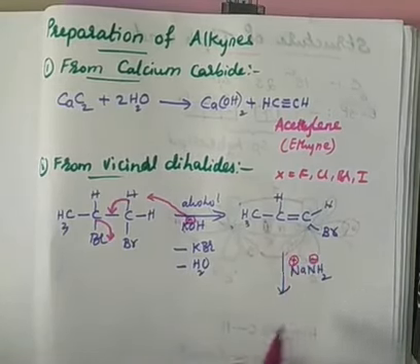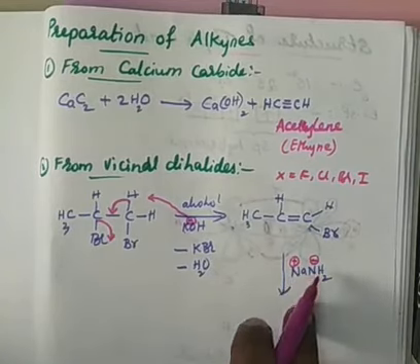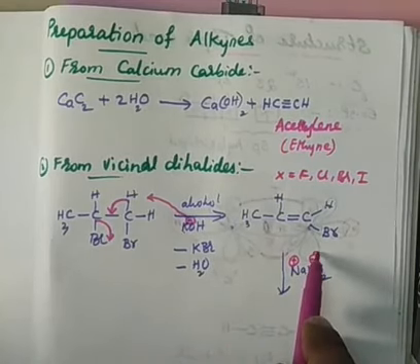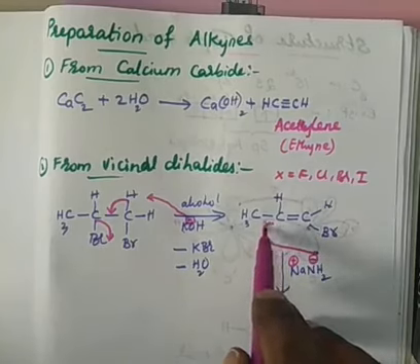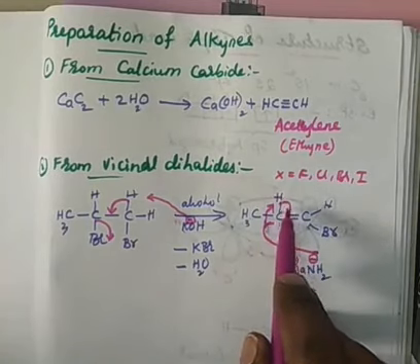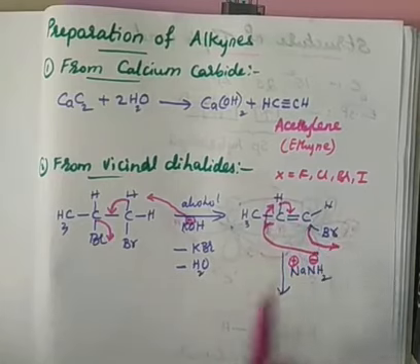I said, any reagent you have to identify what is the positive charged part and what is the negative charged one. So NH2 minus abstracts a proton from this carbon, and it leaves its electrons to form a pi bond like this, and Br will go as Br minus.